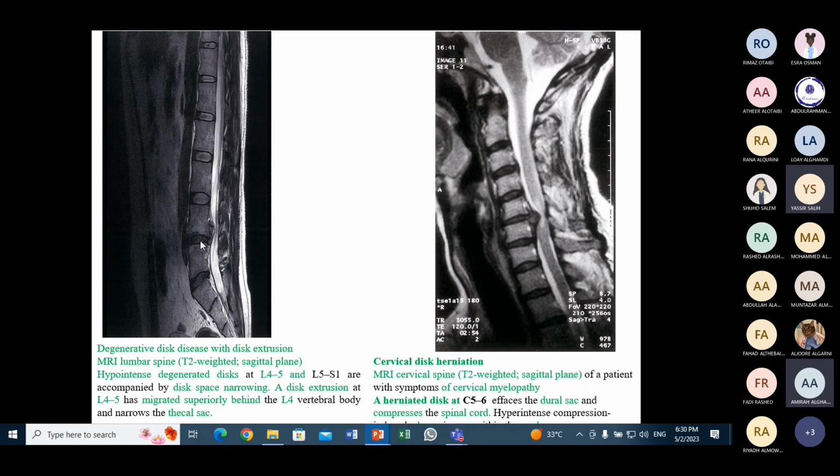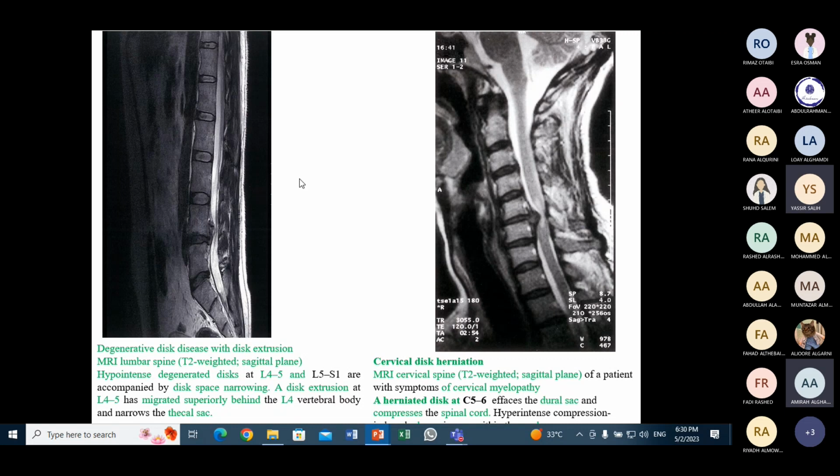Also you can see there is disc herniation and extrusion. Notice that part of the disc migrated upward, superiorly. There is also narrowing of the thecal sac; this region is narrowed, while the normal thecal sac is seen elsewhere.